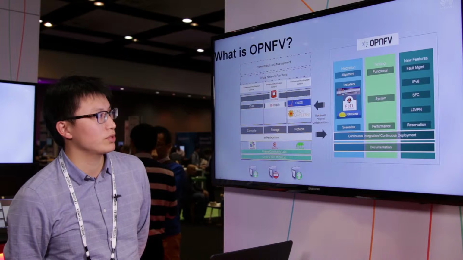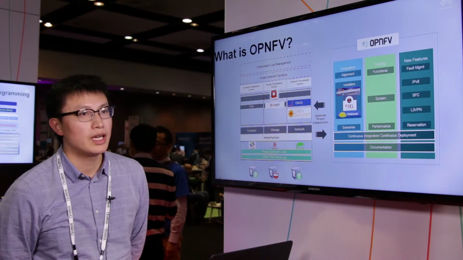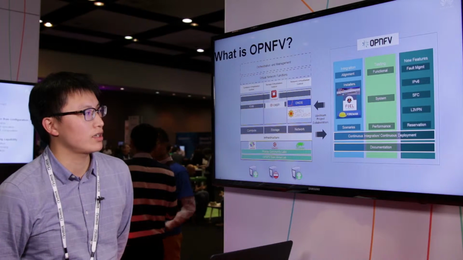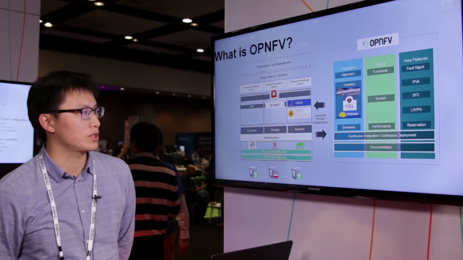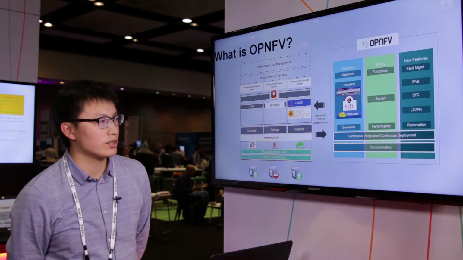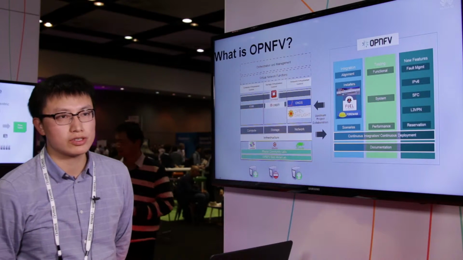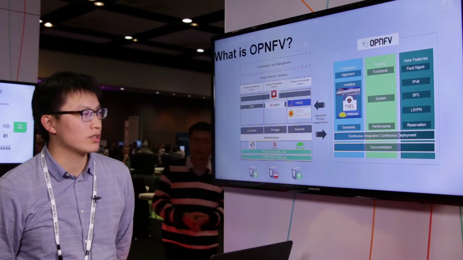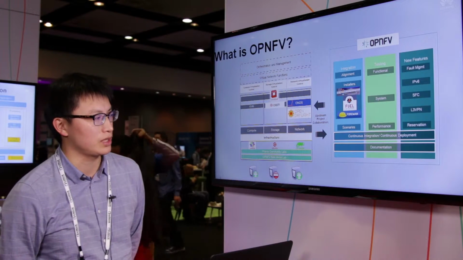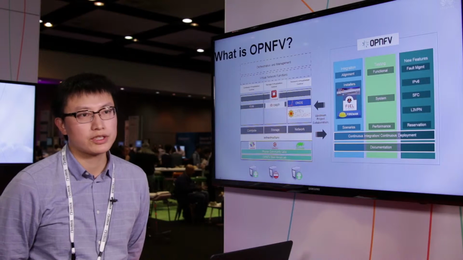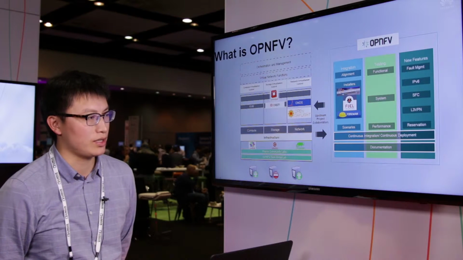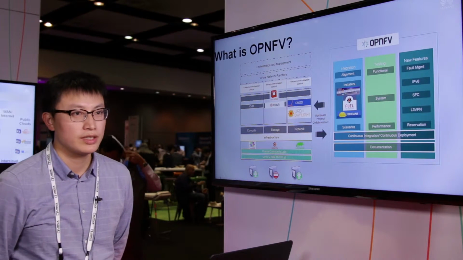In compute virtualization, we use KVM. And OpenStack is the orchestrator of these modules. In infrastructure, we use open source operating systems such as CentOS, Ubuntu, and OpenSUSE. And for the physical machine, we can use Intel x86.